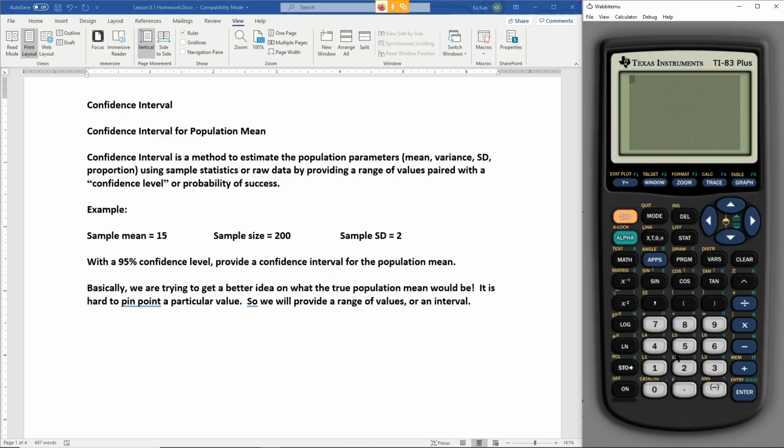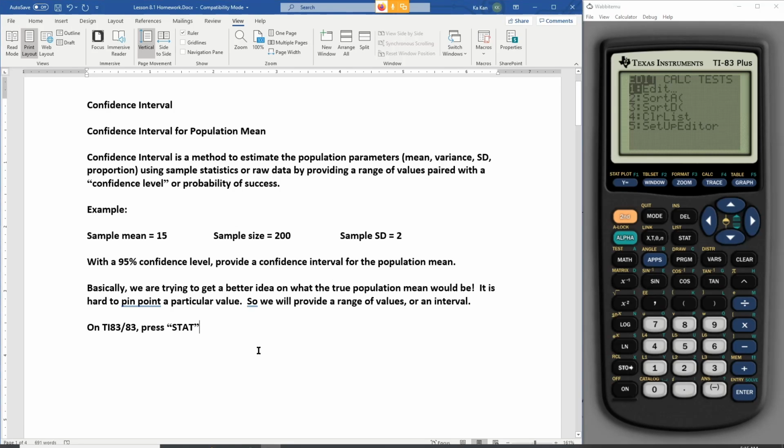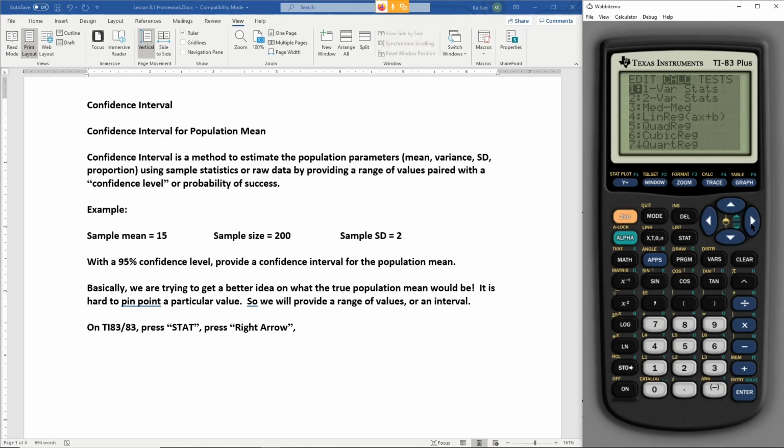So go to the calculator. The first question is where they're located, right? These confidence intervals, you have to hit stat. So on the TI-83/84, press stat right here, and then press the right arrow button like this, and then press it twice to get to test.